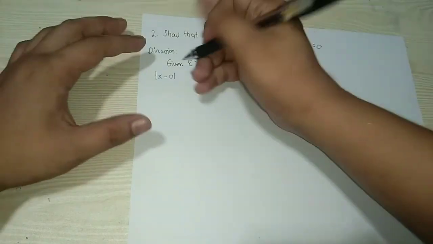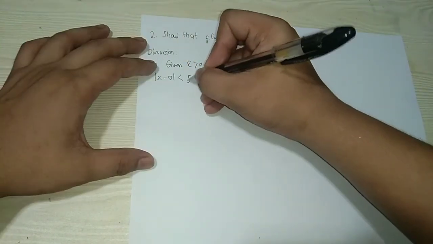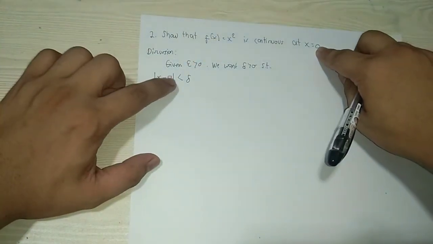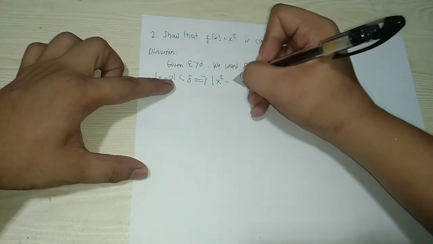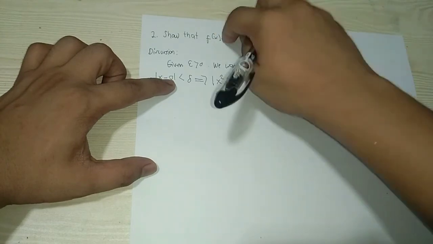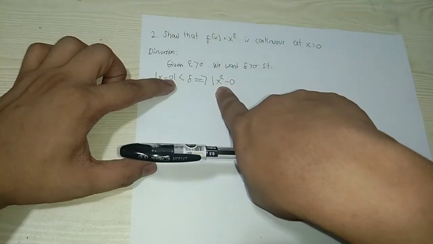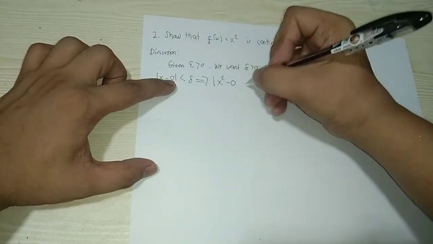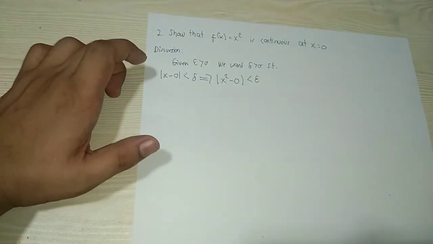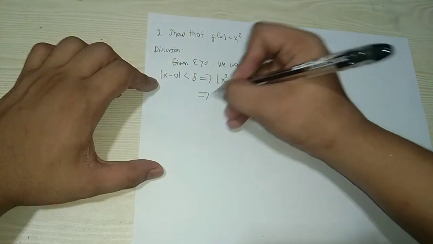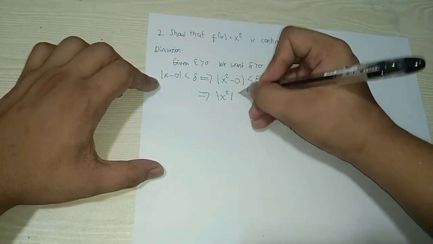So this implies x squared minus 0. When we substitute, it becomes f of x minus f of c less than epsilon. So this is the absolute value of x squared less than epsilon.